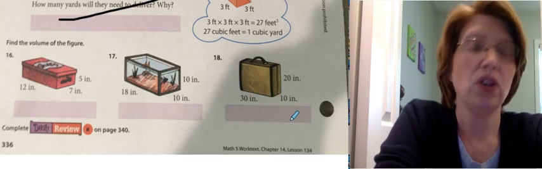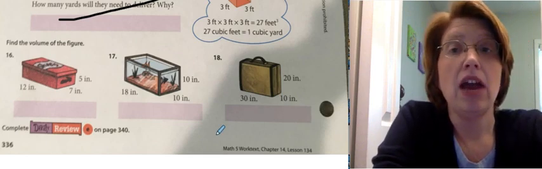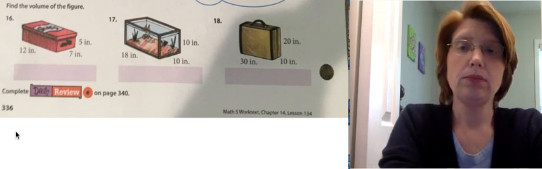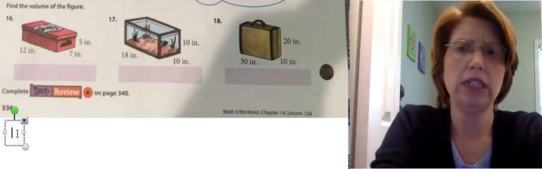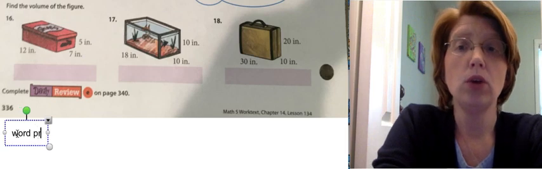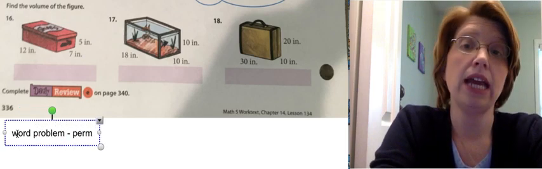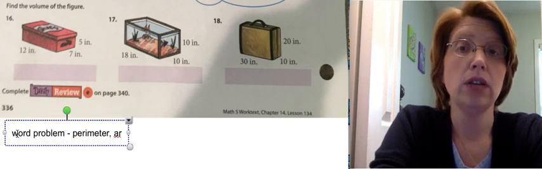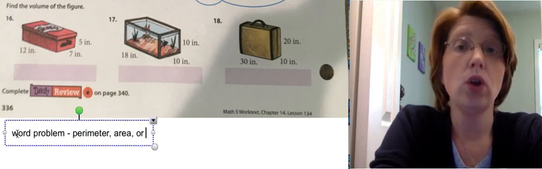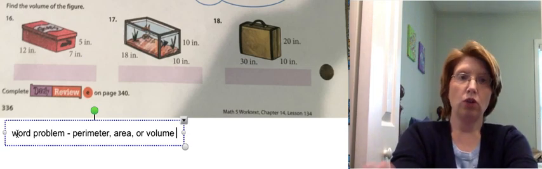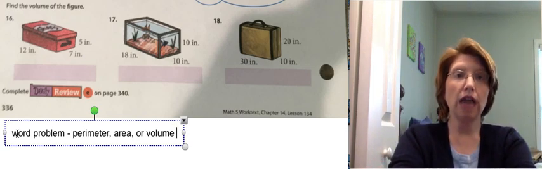Okay, good. Now, in the comments below, I want you to give me a short word problem, it doesn't have to be very long, that would mean that we would need to find perimeter, area, or volume. So all word problems do is practice your real life experiences.